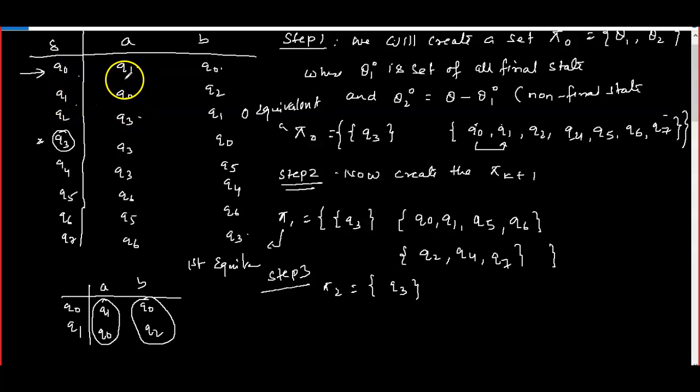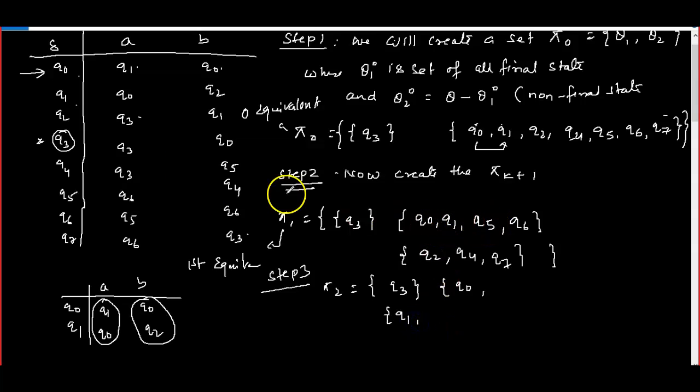Q0 and Q1 are together, and Q0 and Q2 are in different sets, right? If you are checking here, this is Q0, this is Q2, so they go to different sets. Getting it? So now Q0 is here, and Q1 will go to a different set.